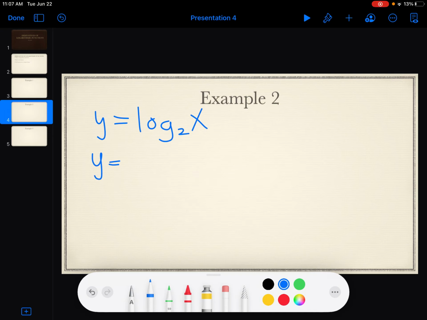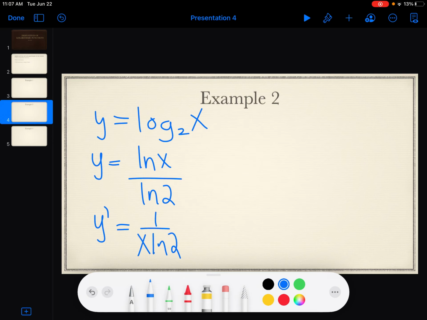So this just becomes ln x over ln 2. Now let's take the derivative. We changed our base just like I did in the last section. What's the derivative of ln x? It's just 1 over x, and we have ln 2, so we just multiply by 1 over ln 2. There we go, our derivative.